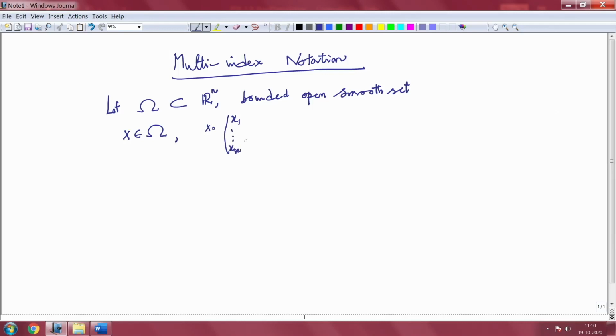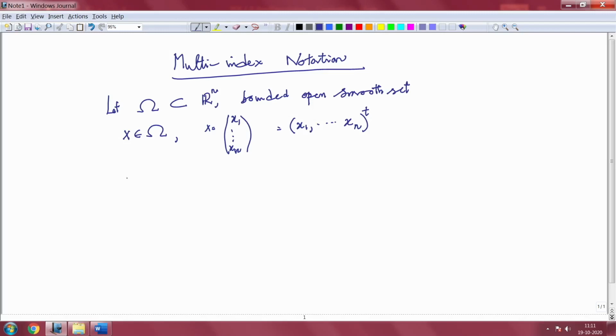For convenience we will also write it like this. It is basically a transpose: when I write x, it is considered a column vector, but we write it as a row for the convenience of writing.